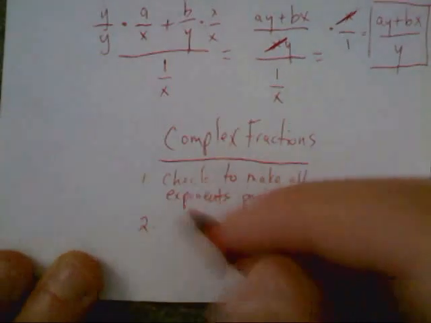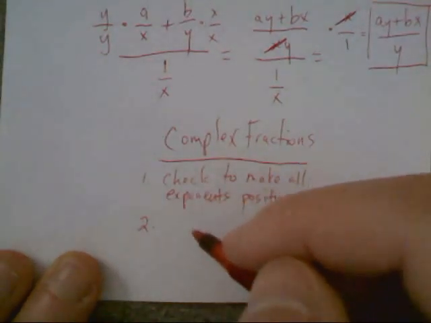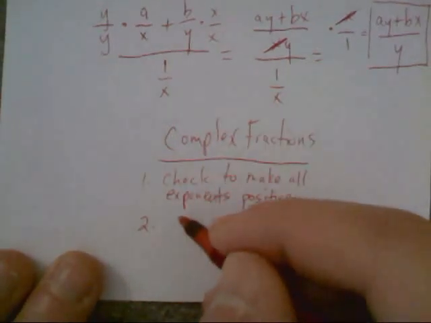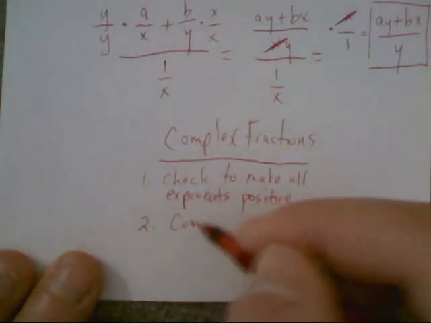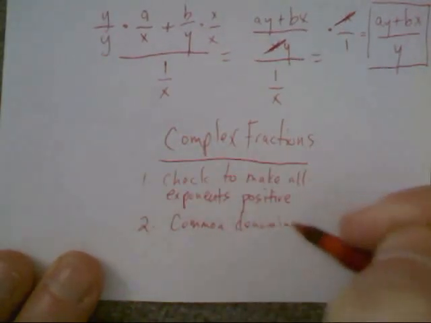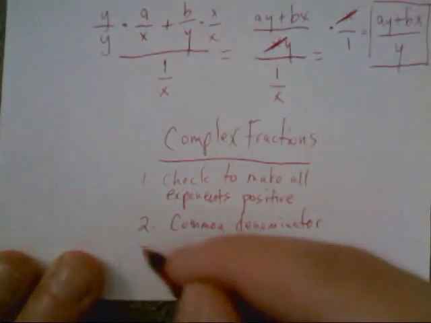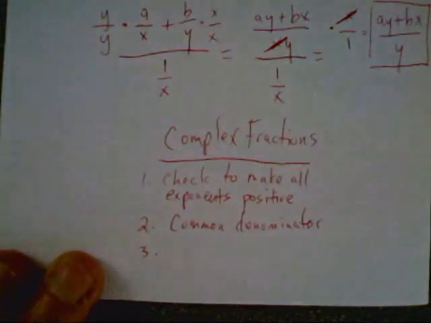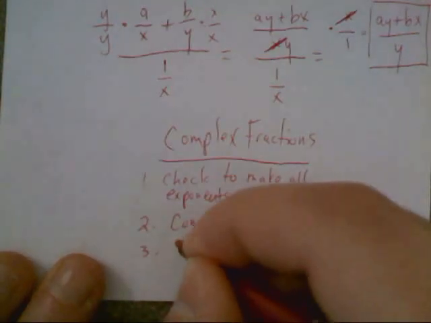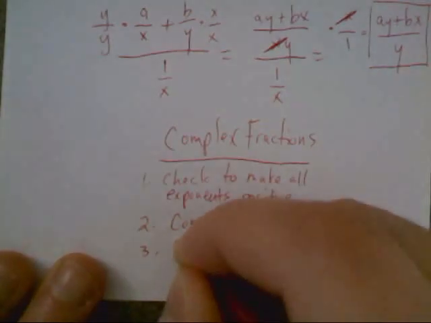Second thing, this one we did in all 3. We had to find a common denominator. And then the last thing, which has been common to all the complex fractions problems we've done, is to... that's part of this step, but what's the step in general?